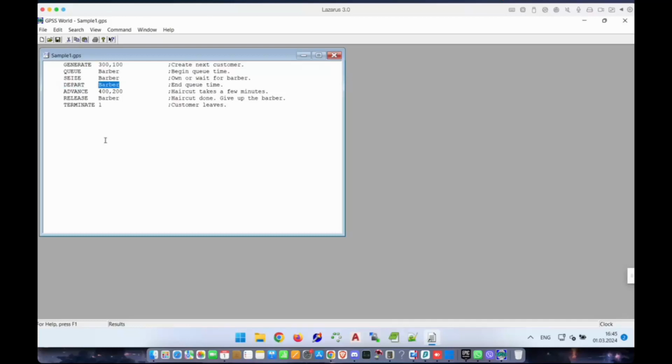And moreover, if we return to the analogy with the actors or the executors of the scenario, the executors of operations, we have an executor, the actor, which runs the depart command related to the barber object. That's how these commands have to be understood.